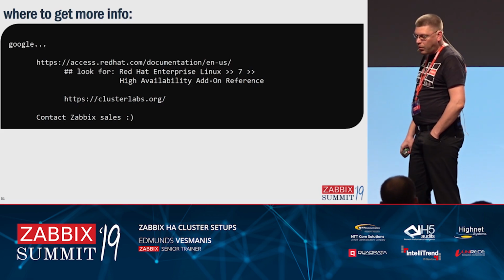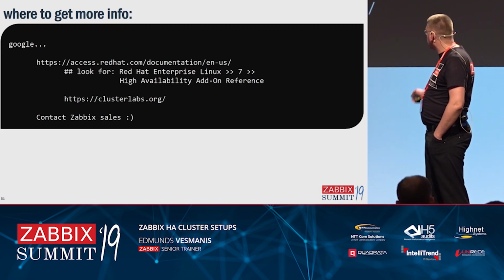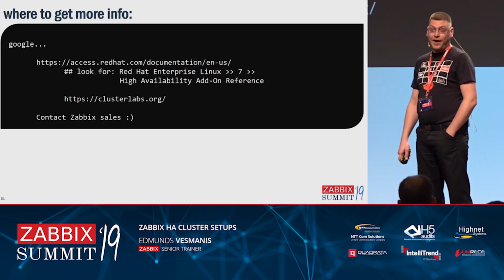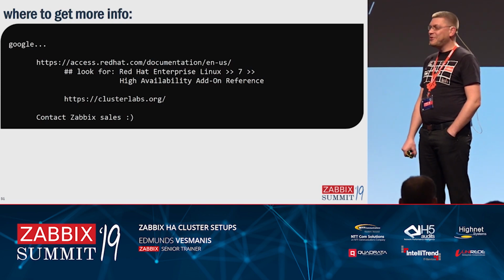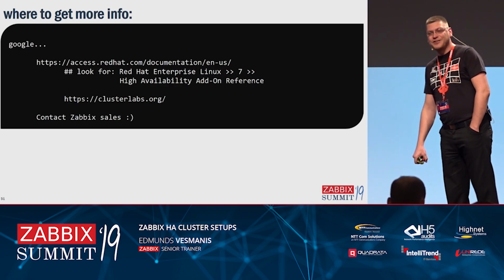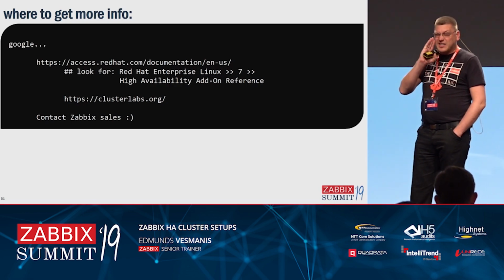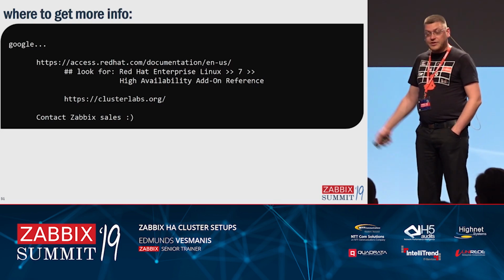Nicely explained, all that you can do there. Next, of course, is ClusterLabs, which has nice information, and Zabbix sales might lead you in the correct direction, for example, to our support engineers. But they will ask some money for that. So that's it. Thank you.